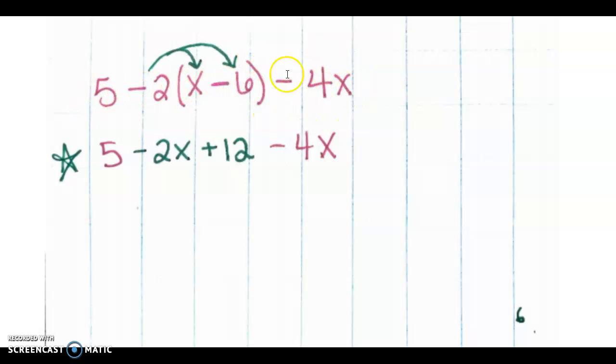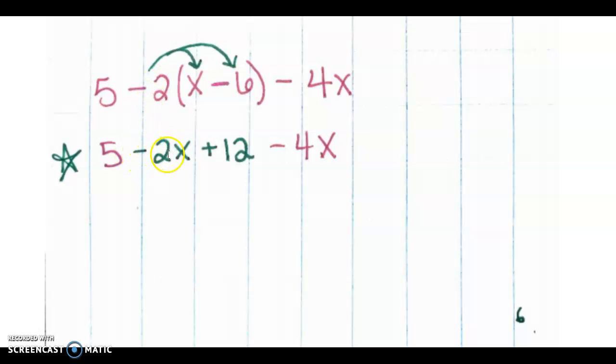There's a lot going on here, and your brain is going to want to do something with this 5, maybe do something with this 4x, but you have to look at each of these components individually. Don't let your brain run away from this. We keep the 5 exactly the same because the 5 is just a term out in front of the expression. And what's happening here is you're taking away 2 times everything in this group.